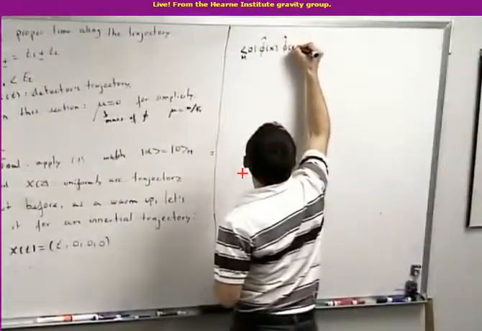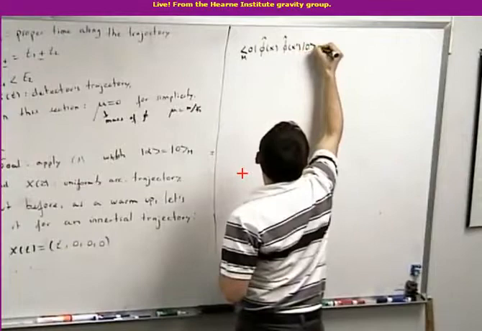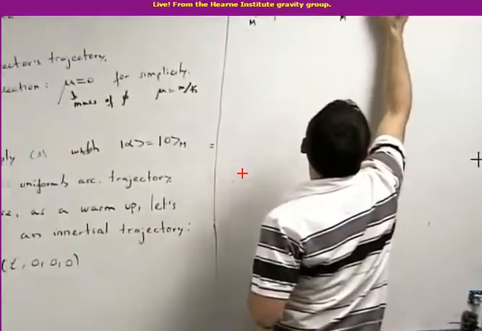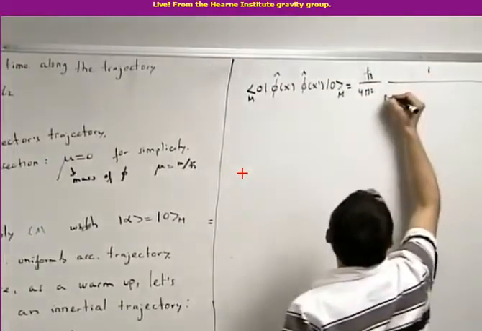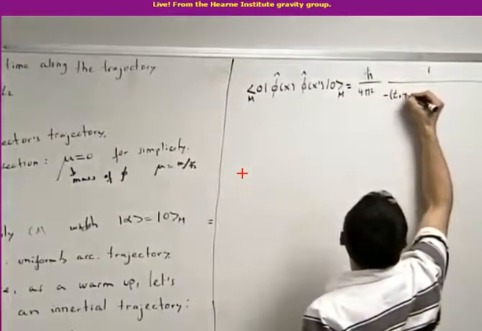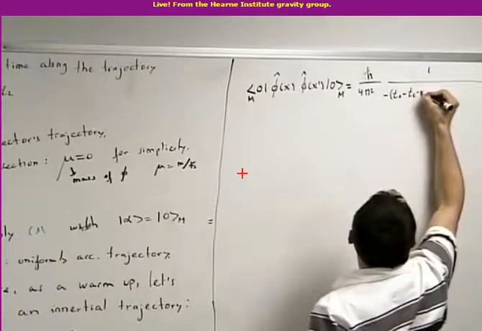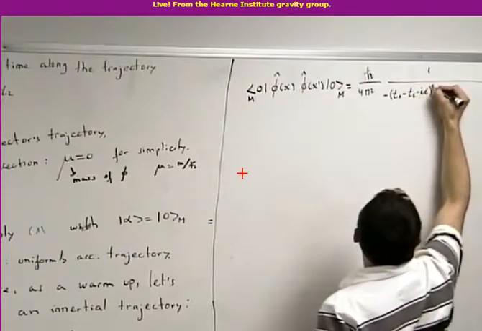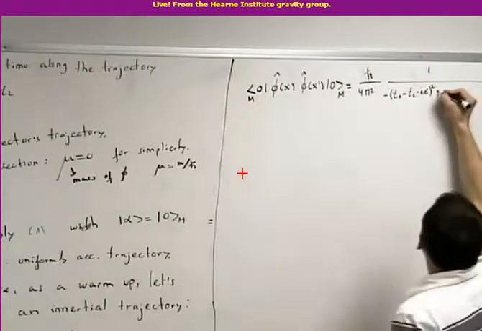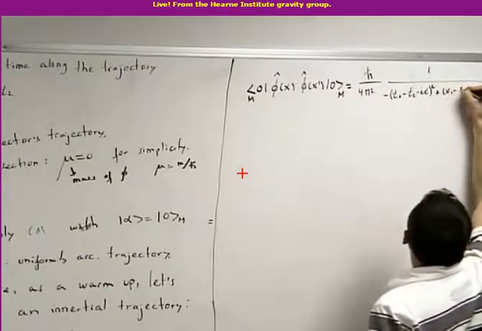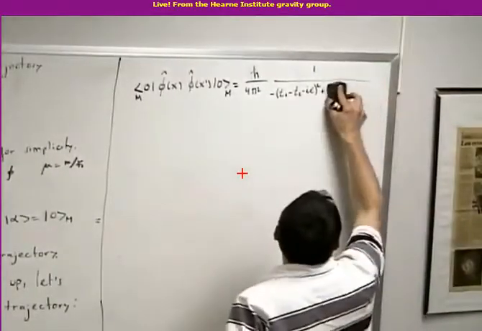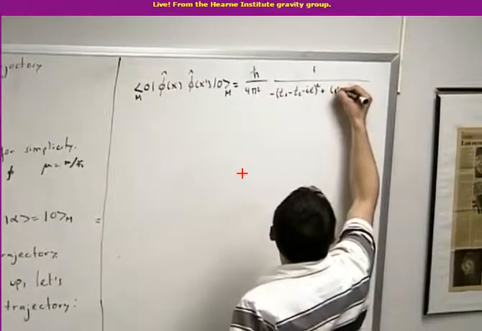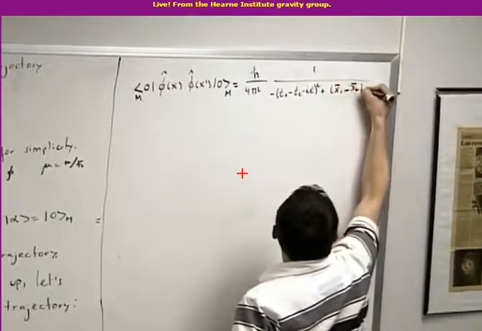So the two-point function in Minkowski spacetime in the Minkowski vacuum is just h bar over 4 pi squared, and now you have minus the geodesic distance squared. The only thing is that we need a minus i epsilon, because the two-point function is a distribution rather than a function. x1 minus x2 squared.